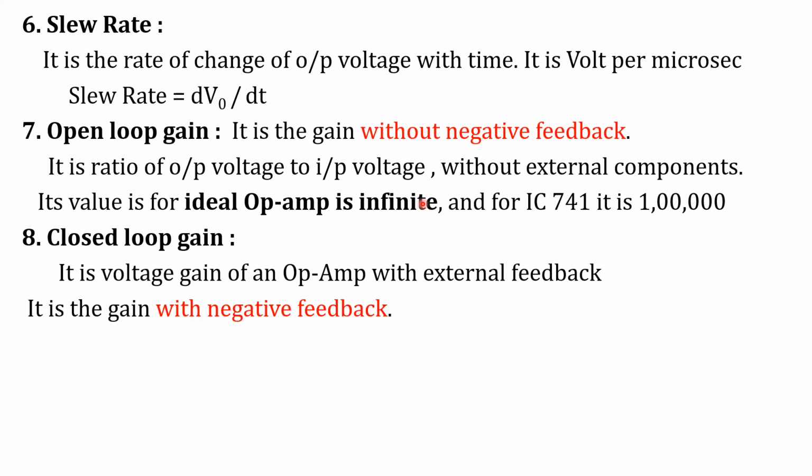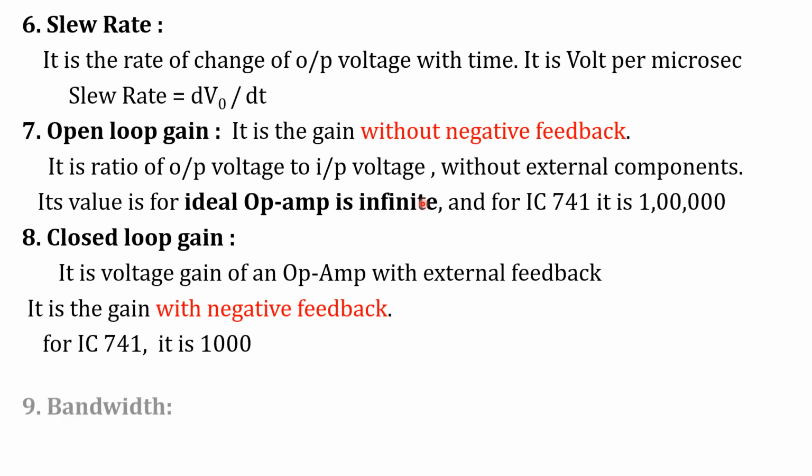Now, what is the main purpose of the negative feedback used in the closed loop gain? Due to negative feedback, the gain is stabilized and the distortion is reduced. For IC741, it is 1000.